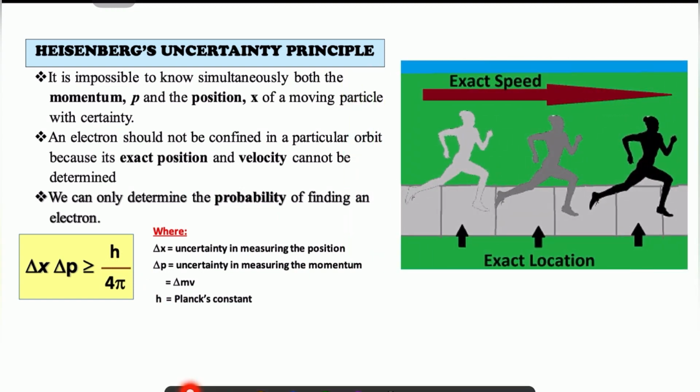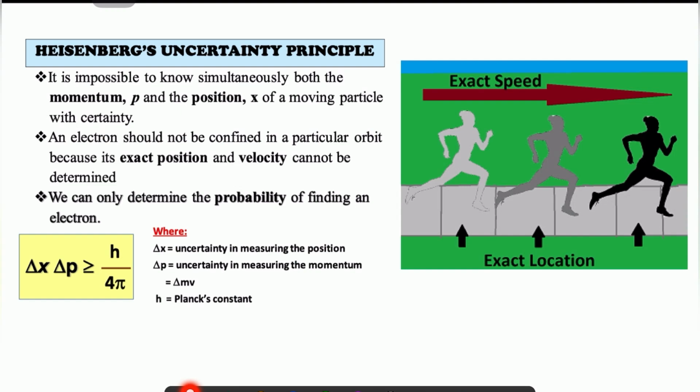Let's see an analogy. Pretend you are running down the sidewalk as fast as you can go. One friend is going to see how fast you are going, and another friend is going to tell you exactly where you are. Is this possible? No, it's not possible to know both the exact speed and location at the same time.